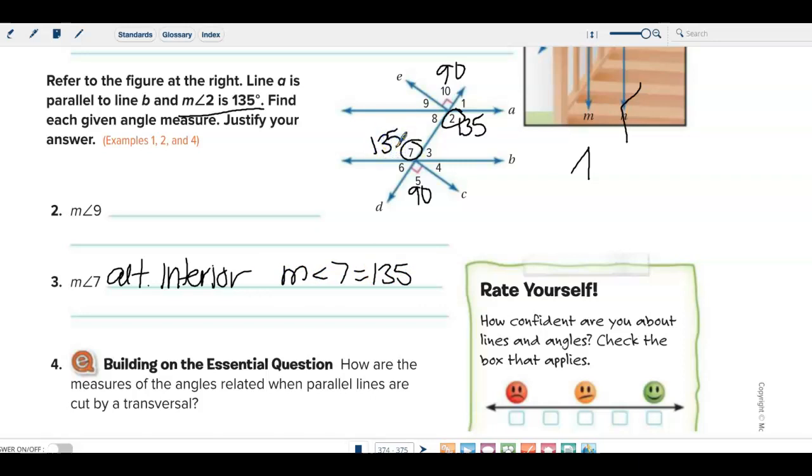Okay, we also need to figure out the measure of angle 9. How are we going to figure out the measure of angle 9? Is it corresponding with 1? No. What do you want me to do?